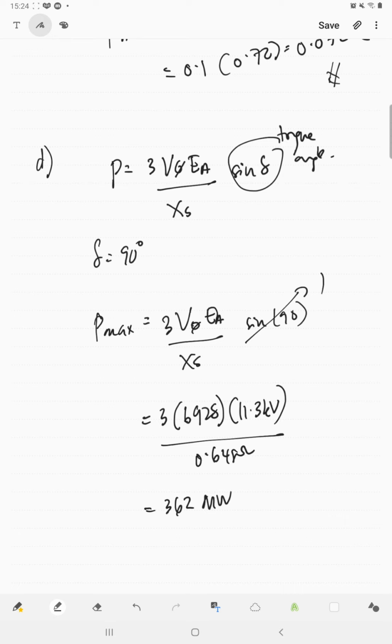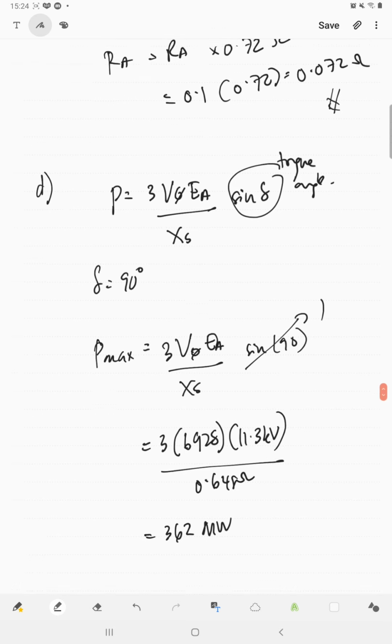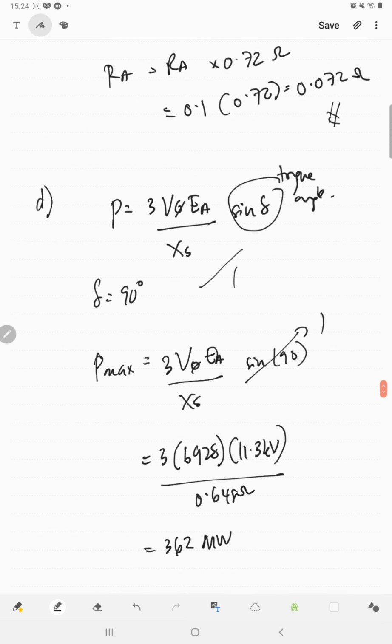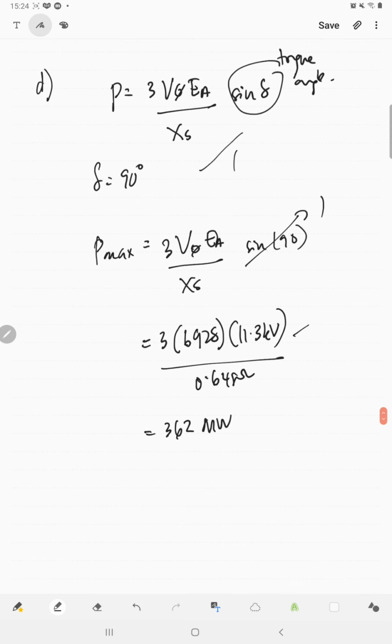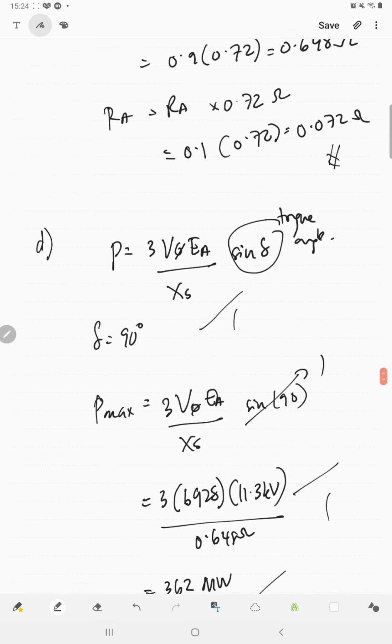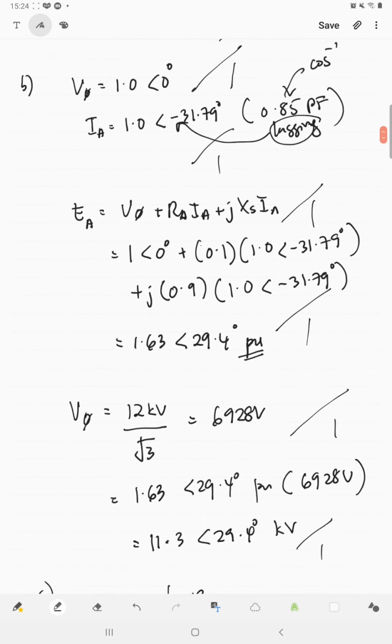So if you put the equation in and compute, you get the answer. This is how we solve this.